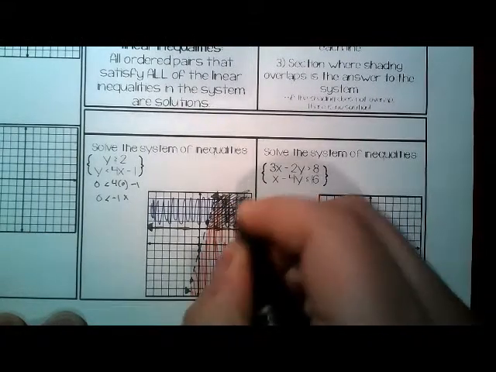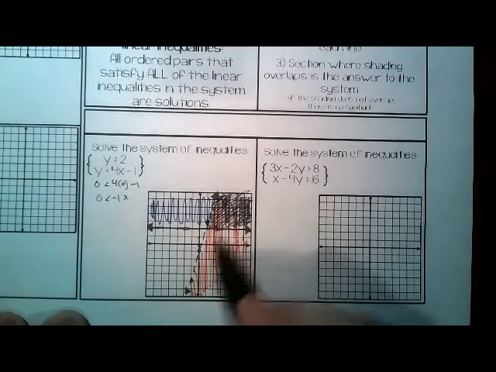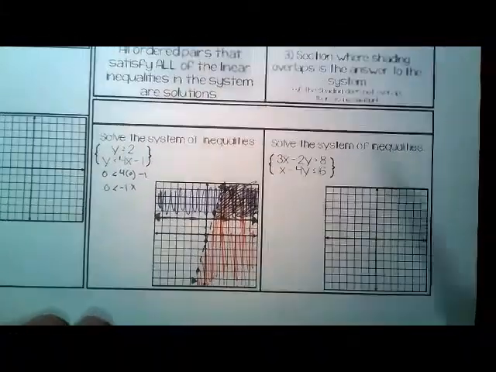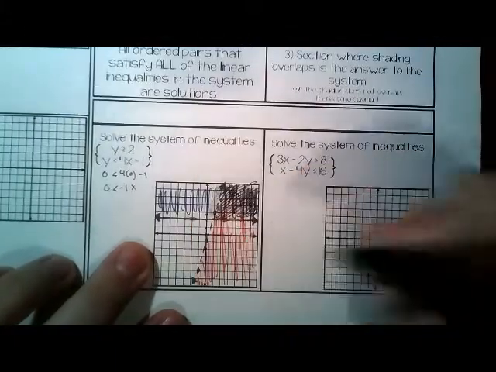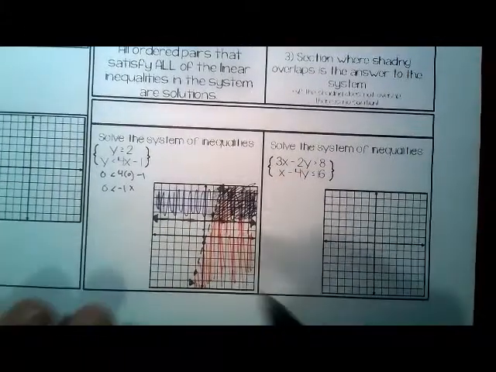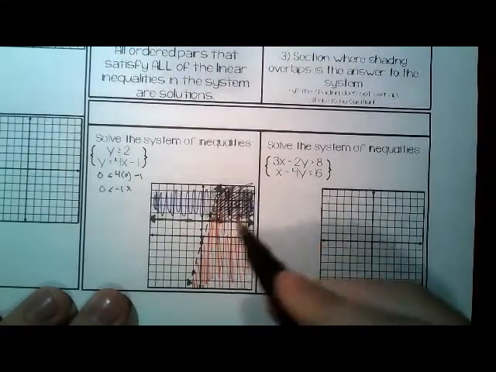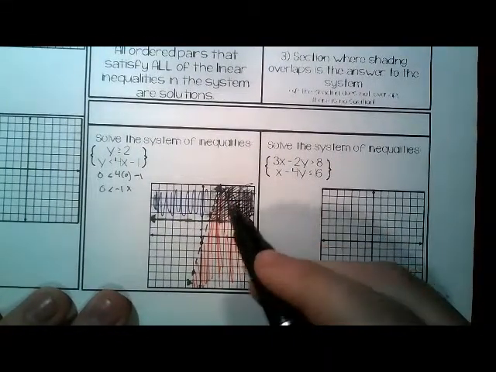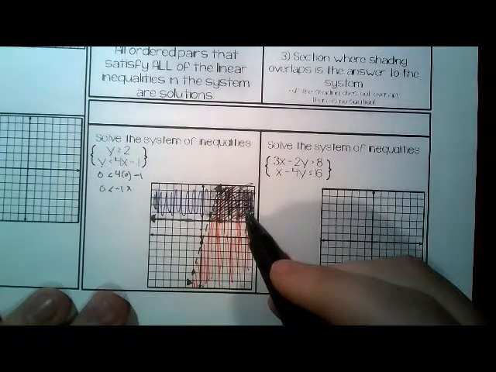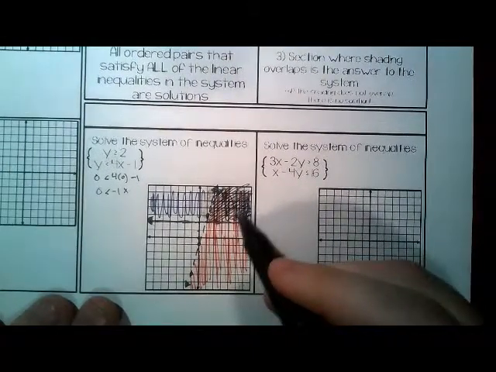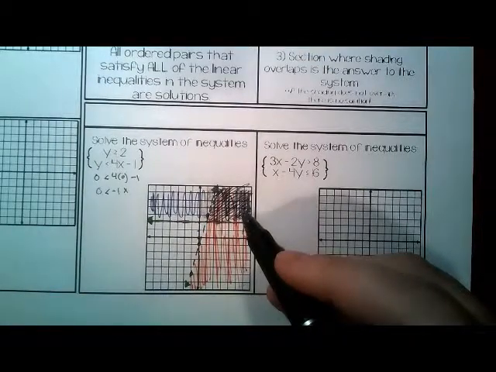If you're using a pencil, you can erase this part and erase this part. If you're using a pen, it becomes a little bit more difficult. I have an erasable pen, so it's pretty easy for me to erase. But what's important is the area where the solution is, or the region that's true for both the first and the second equation, which would be this region right here.